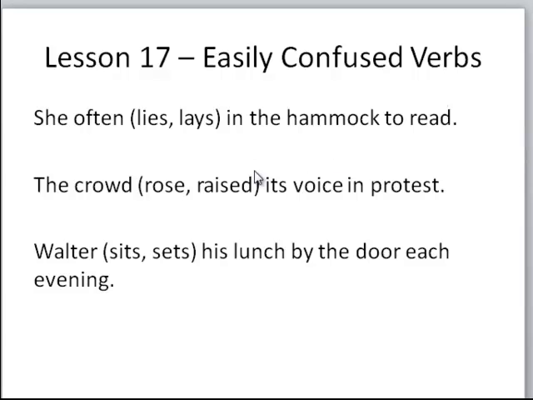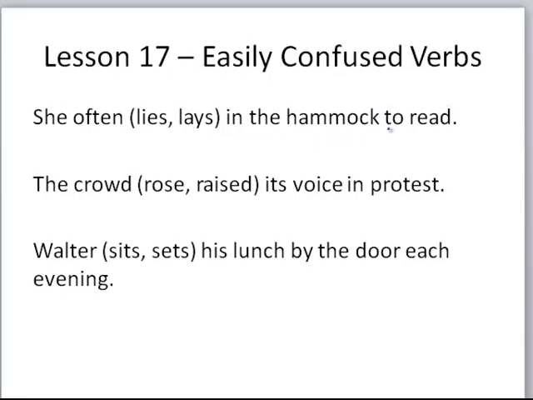So we're looking for number 1, she often lies or lays in the hammock to read. We see that there's a verb and infinitive, so we go ahead and separate that. We also see that there's a prepositional phrase right there, and we need to get rid of that.